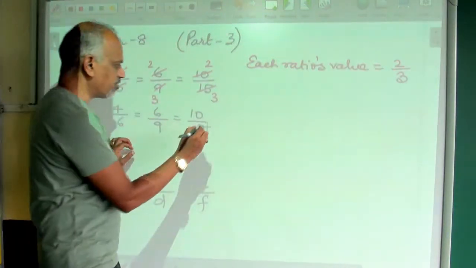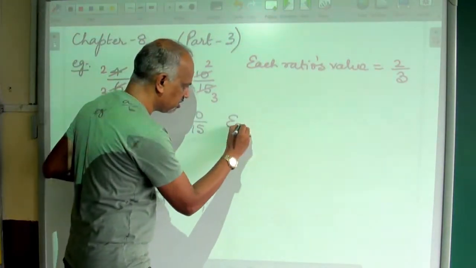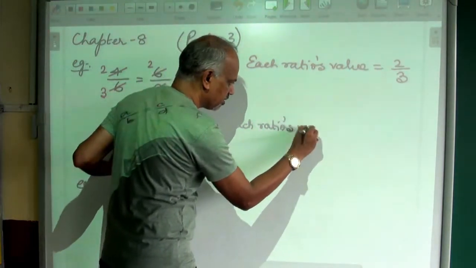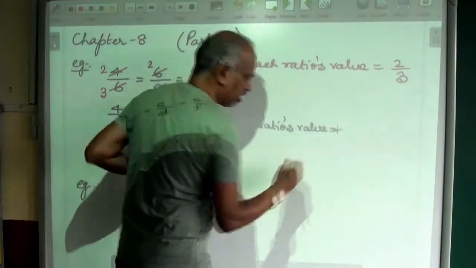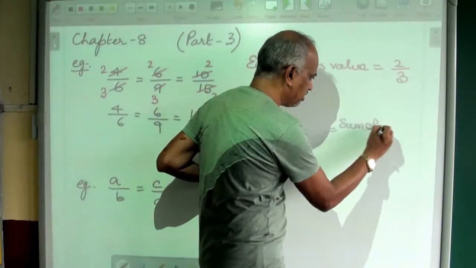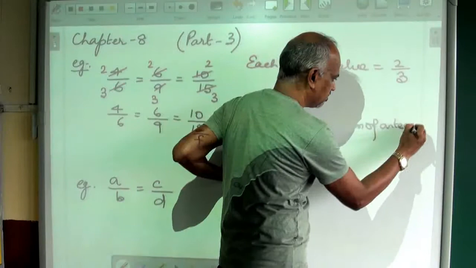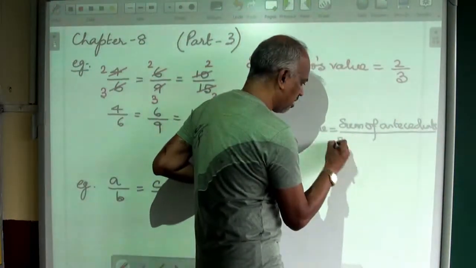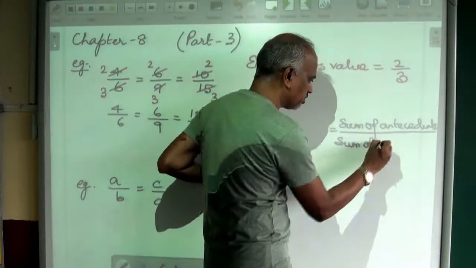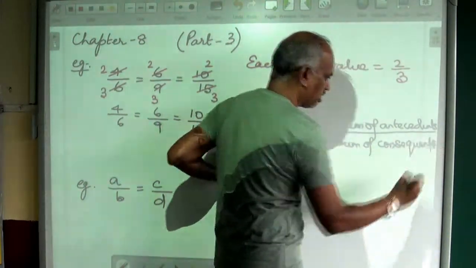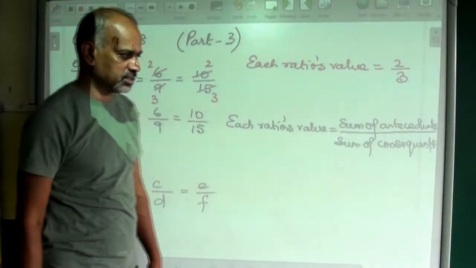Each ratio's value is given as the sum of antecedents divided by the sum of consequents. Now what are these, antecedents and consequents?